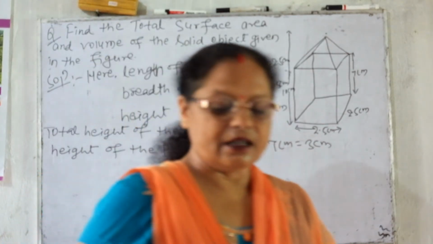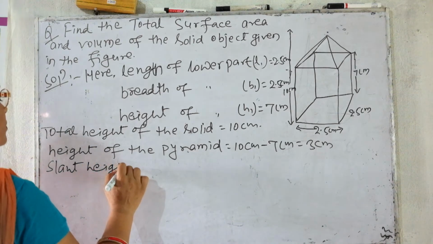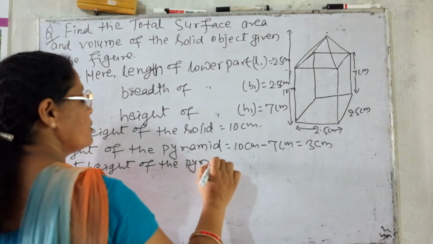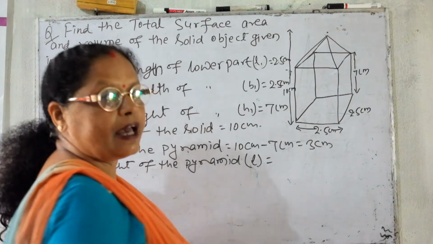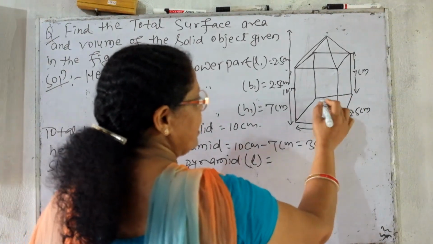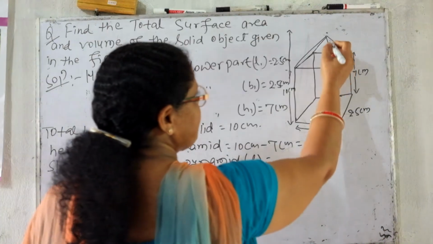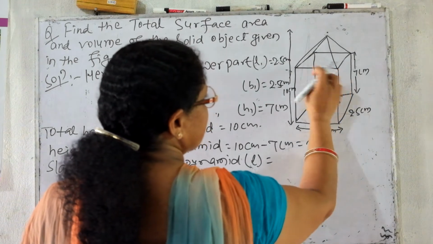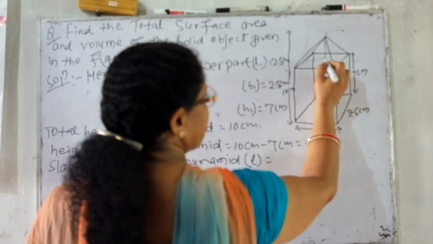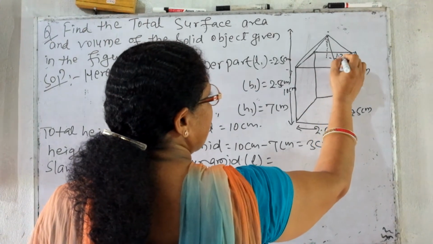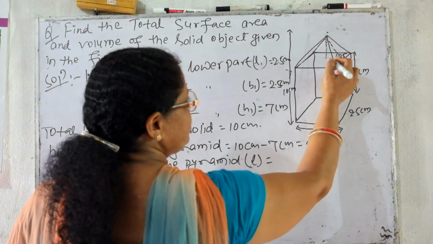Then easily we can find its slant height L. Slant height of the pyramid is denoted by L. Since it is a right angle triangle, H square equal to P square plus B square.